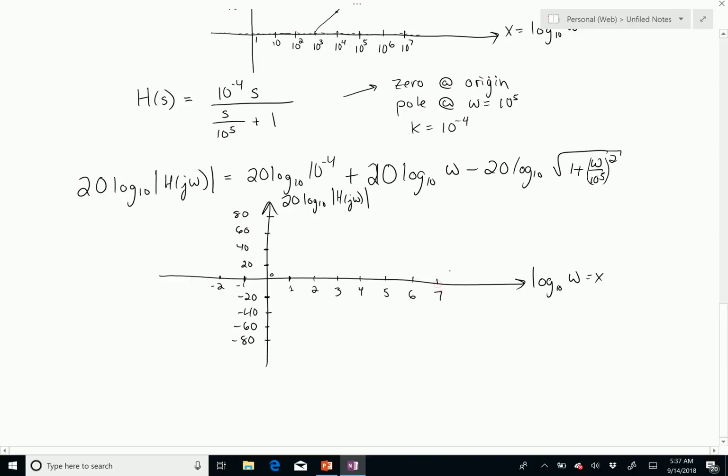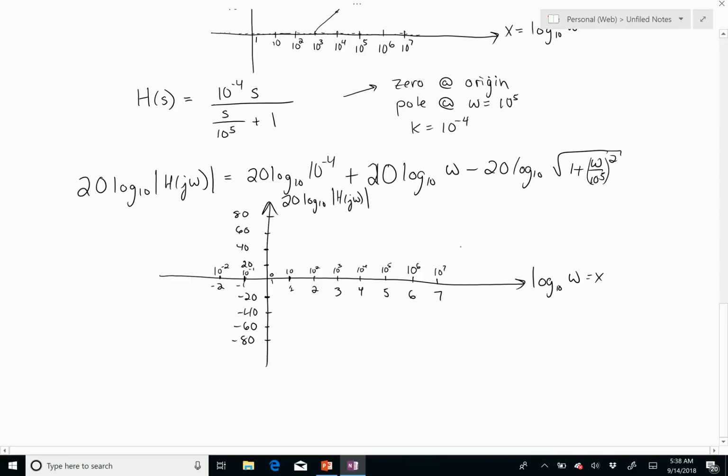6, 7. All right, so just to be clear, minus 2 is the log of 10 to the minus 2. This is the log of 10 to the minus 1. This is the log of 1. This is 10, 100, 1,000, 10,000, 100,000, a million, 10 million.